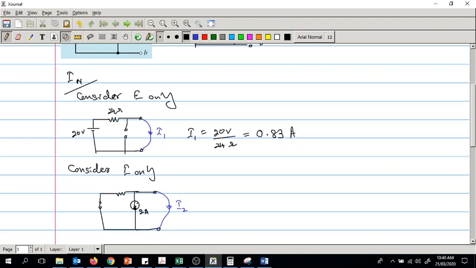Now from this circuit, if you create a short circuit here, because this is a 24 ohms resistor, when you create a short circuit, you will get minus I2 is equal to minus 2 amperes.